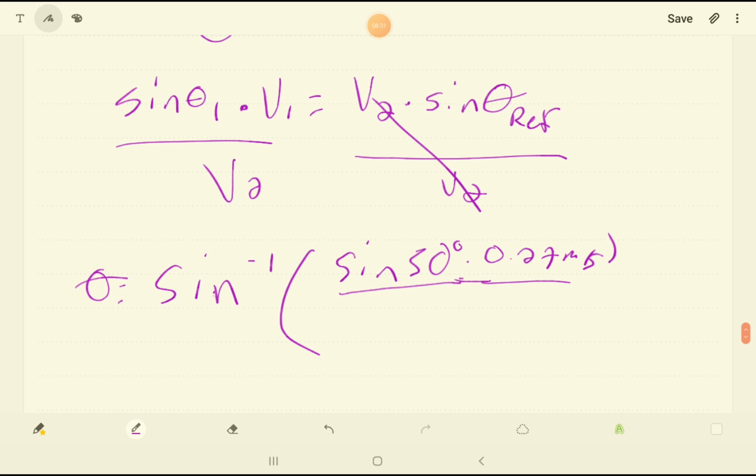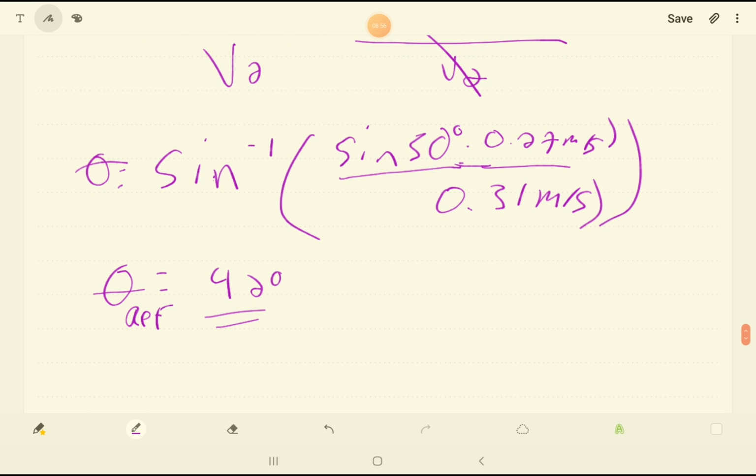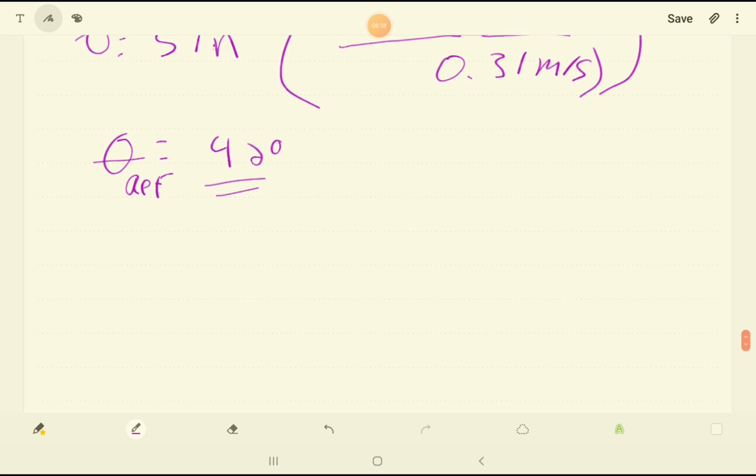And then I'm going to divide that by about 0.331 meters per second. And when I plug that in, I end up getting an angle of refraction of about 42 degrees. And that solves for part A. Now for part B.